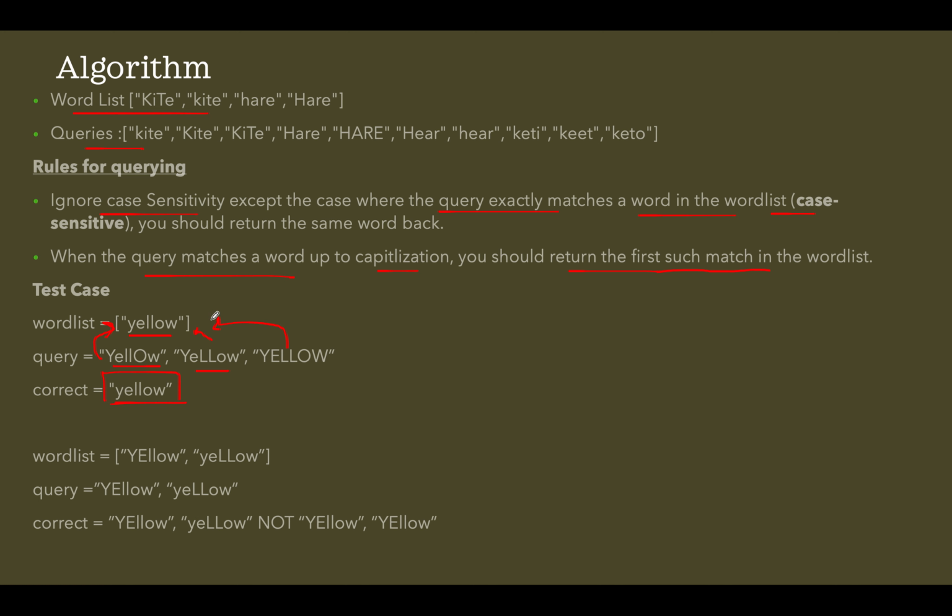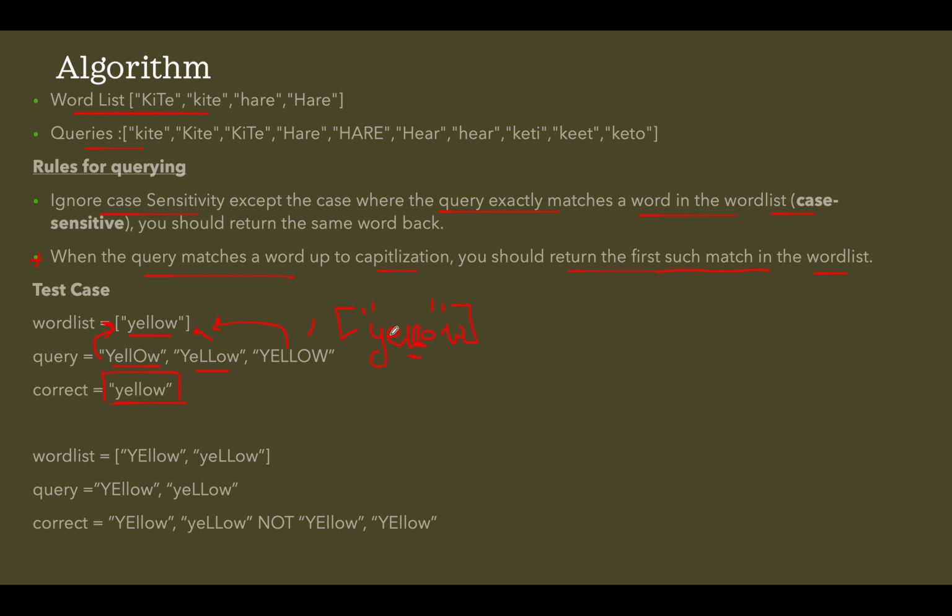Also, there could be a case where you have another element in your word list. I'm going to highlight this rule that it should match the first found match in the word list. So let's assume hypothetically that in the word list there was another word YELLOW. So this is capital L followed by a small l and small o and then a small w.